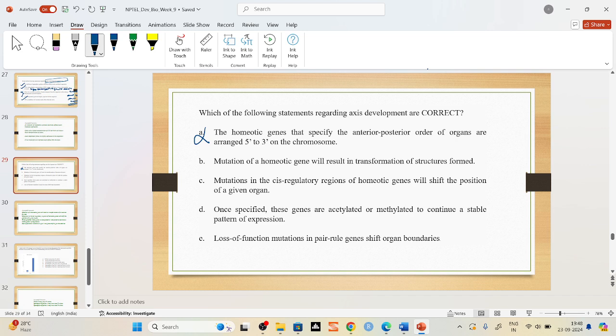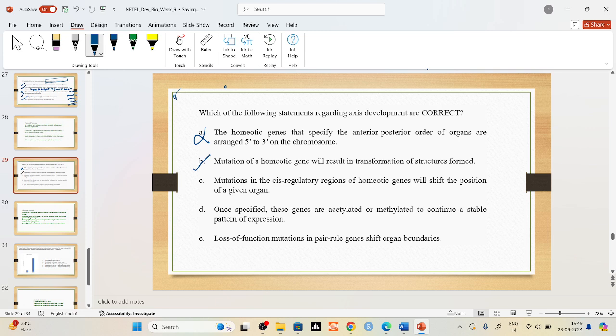For example, your antenna is transformed into legs, or there is ectopic eye expression on wings, legs, and antenna. Therefore, if there is any mutation in the homeotic genes, it will result in different structure formation. The place where antenna should be formed, legs are forming. The place where eyes are formed, antenna is forming. So these kinds of mutations can just lead to a malformed body. So this is your correct statement.